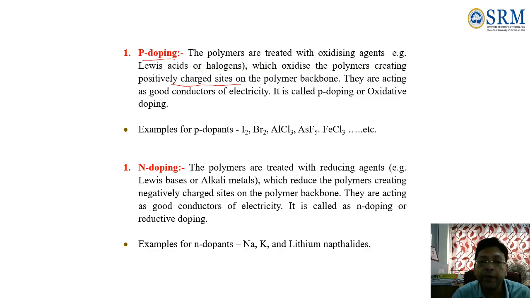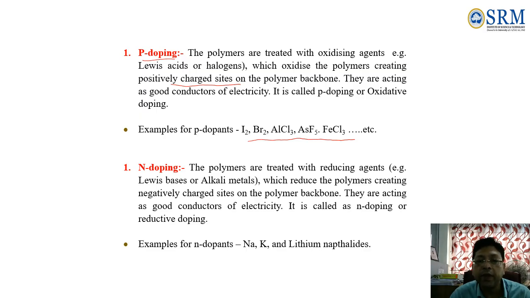The examples of P-dopants are iodine, bromine, aluminium chloride, AsF5, ferric chloride, etc. All these dopants are electron deficient. So when they are treated with this polymer, they can take the electron from the polymer. That's why the oxidation takes place, and positive charge is created at the backbone, and that is the reason for enhancement of the conductivity. So this is called p-doping.